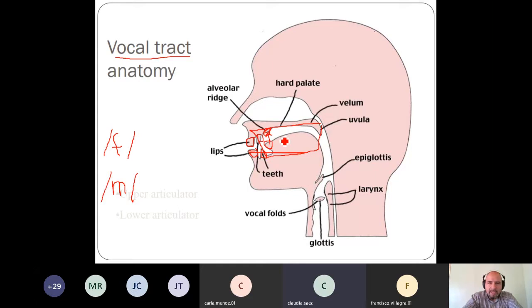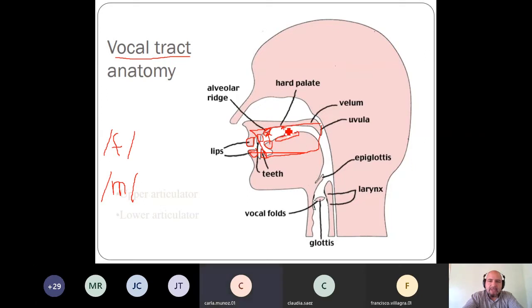Now, the center area of the tongue is pressed against the hard palate when you're producing sounds like church, change, gene, Jane.